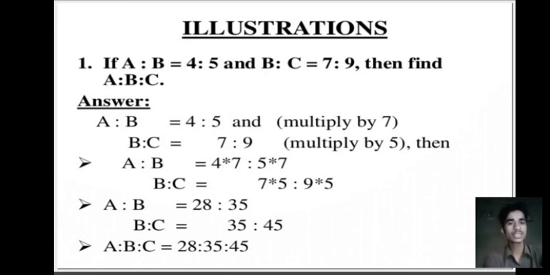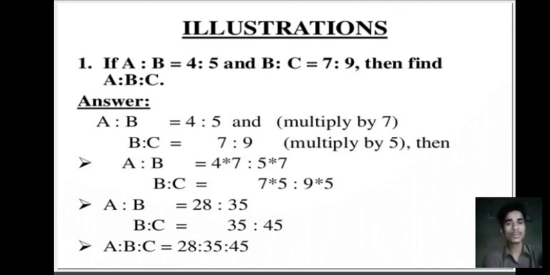B is to C equals 7 is to 9, multiply by 5. Then A is to B equals 4 multiply 7 is to 5 multiply 7. B is to C equals 7 multiply 5 is to 9 multiply 5.